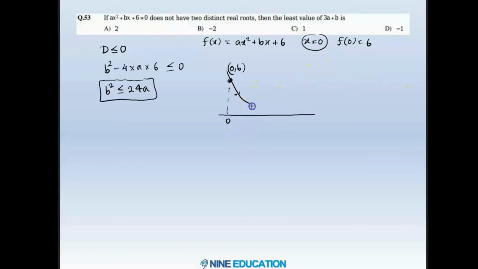Now it can at maximum go and touch the x-axis and again go up. Or the other possibility is that it may not touch the x-axis at all, since D is less than 0. That is also possible. So like this also it can go.